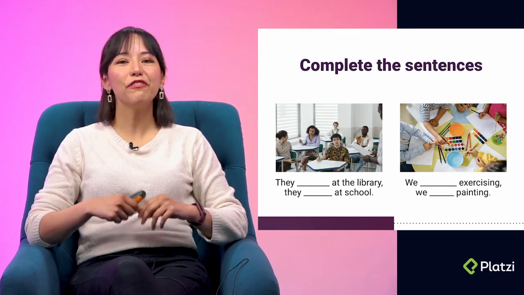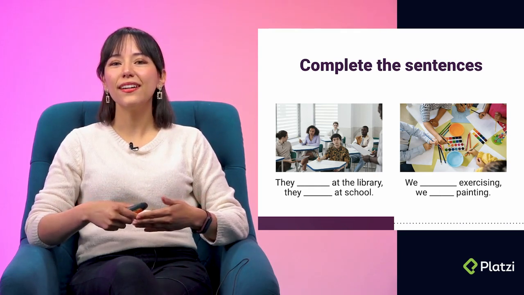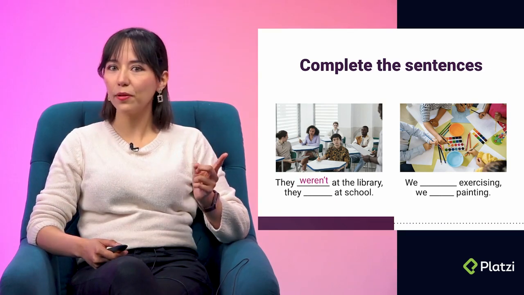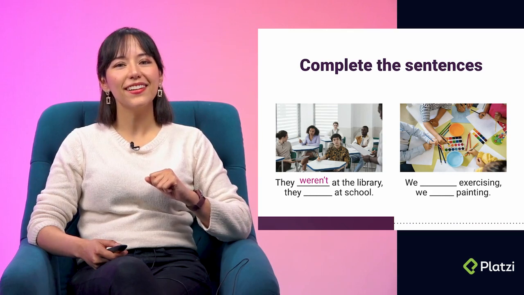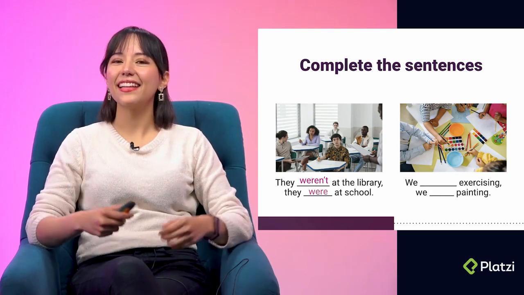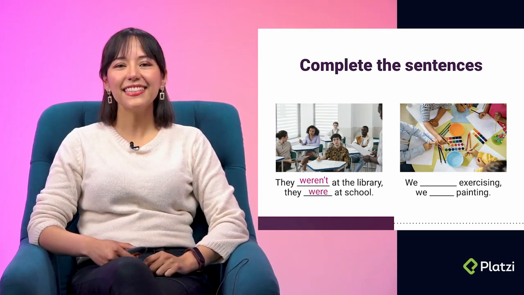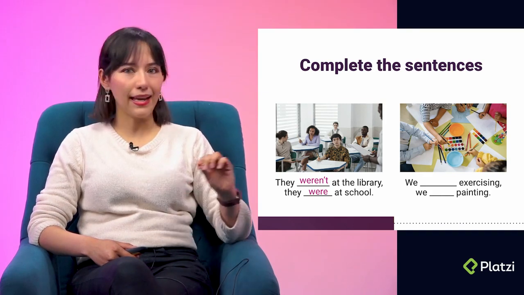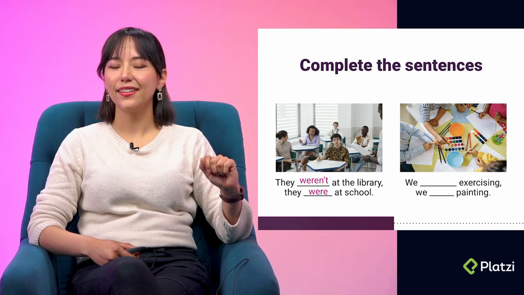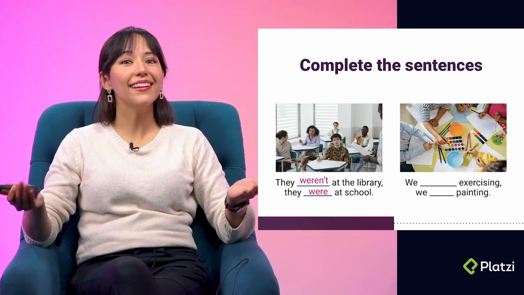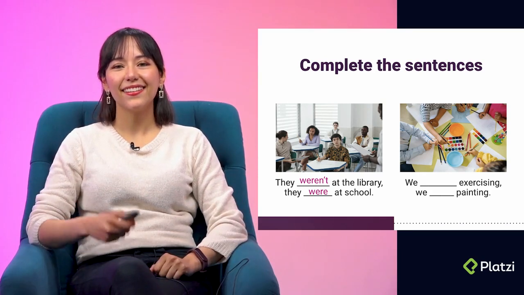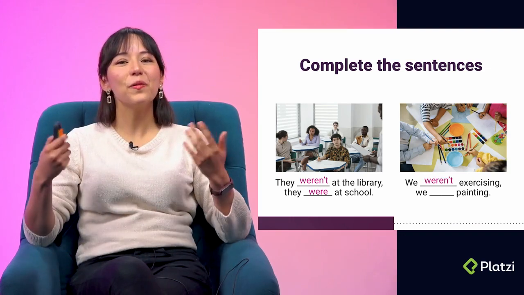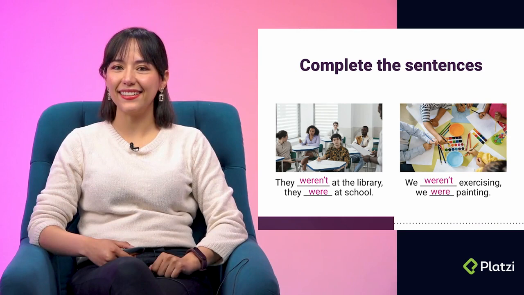Well, in the first part, we use the negative form. They weren't at the library. Let's look at the picture. They were at school. Let's see with the second picture. We, blank, exercising. We, blank, painting. We weren't exercising. We were painting.